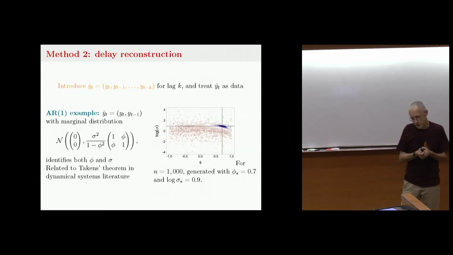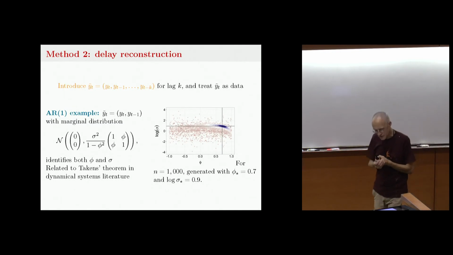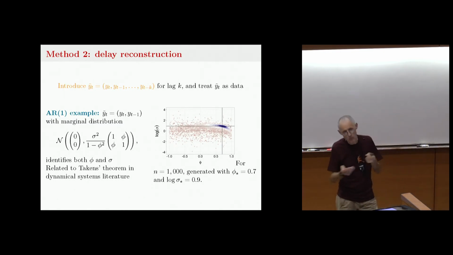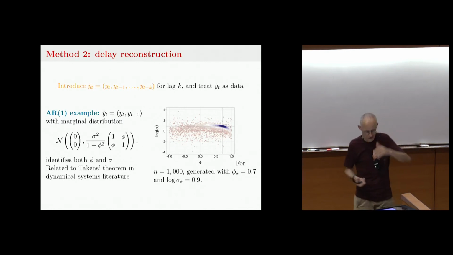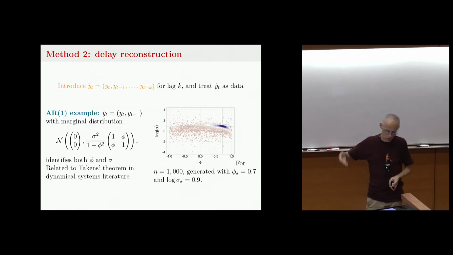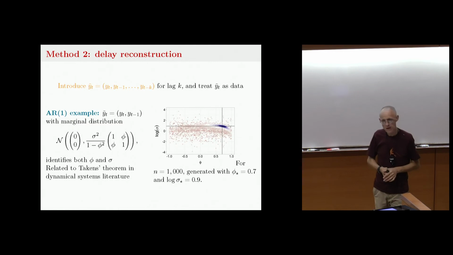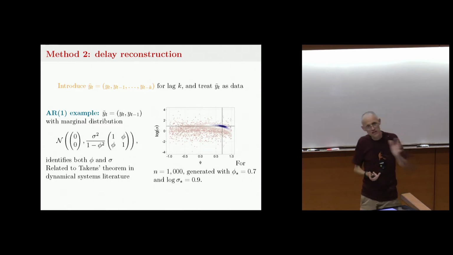Another approach is common to Markov and hidden Markov models. That is, instead of looking at the data as such, you create a vector of lags, say y t minus 1, to y t minus k, and the data is now the collection of those vectors.